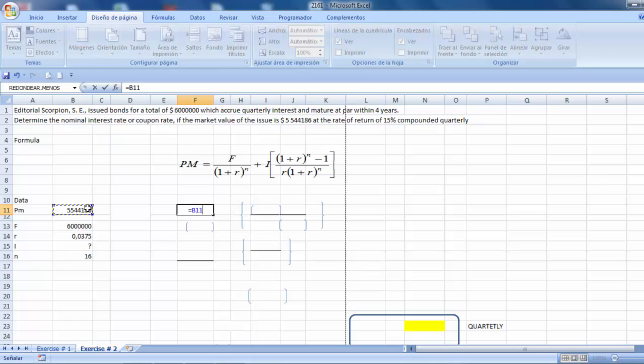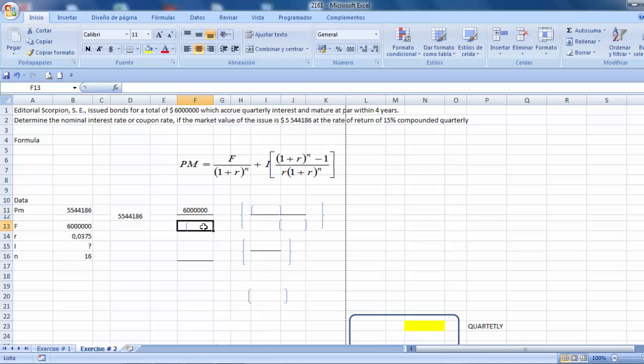So we're going to start writing the PM. Then we take the F, that is the value of bonds, 6 million, over 1 plus the R, that is 0.03, and we elevate that to 16.